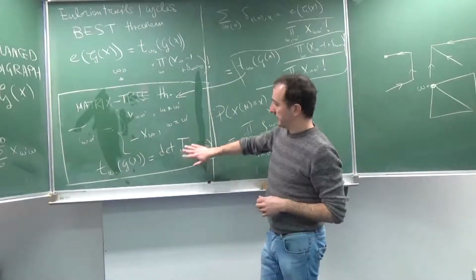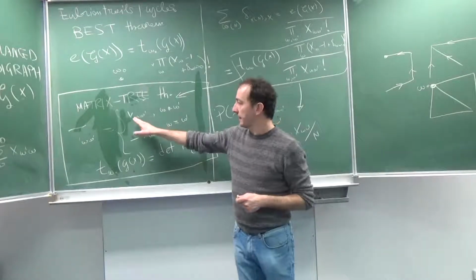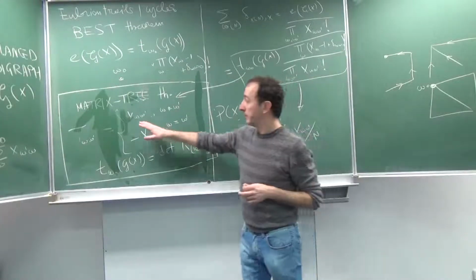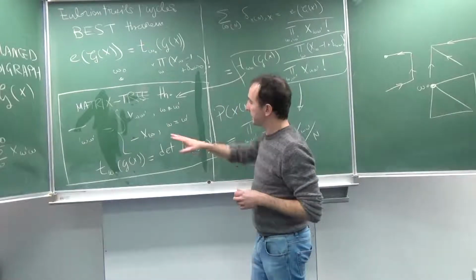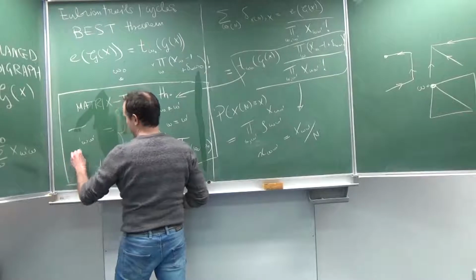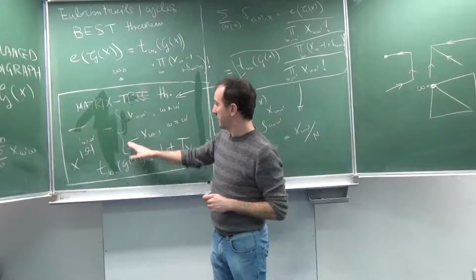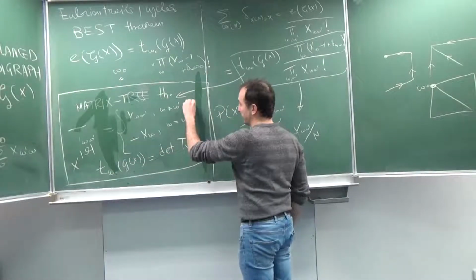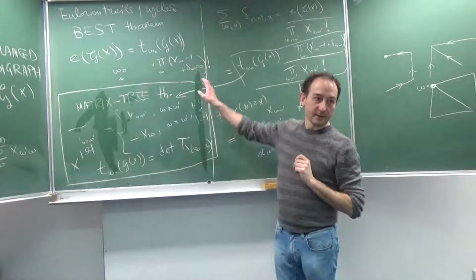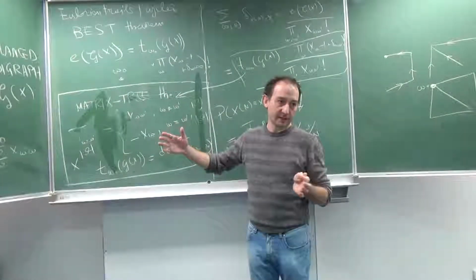And it tells you that this number will be the determinant of T. But the determinant of T will contain x up to powers of omega, the size of the state space, because this is an omega times omega matrix, a square matrix whose dimension is how big the state space is.